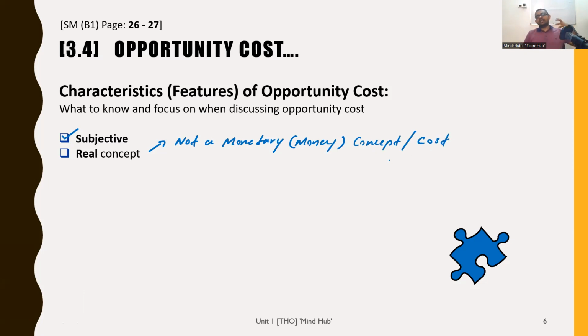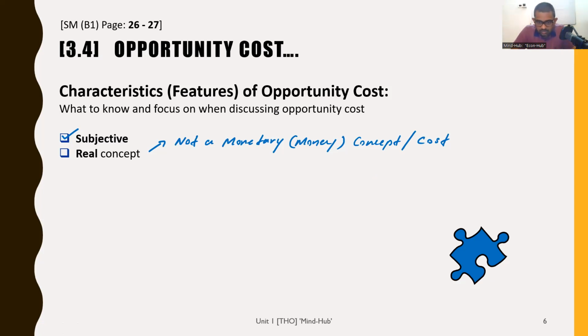So when someone says the opportunity cost of A buying a fish bun and a Milo is basically whatever other food items A could have bought for 150 rupees, then they have misunderstood the concept of opportunity cost. The concept of opportunity cost is not the money involved in the decision, right?